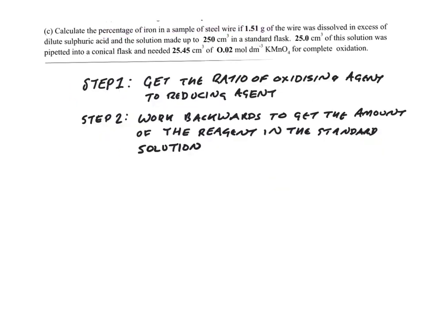The first step that you must do in any redox titration is to get the ratio of the oxidizing agent to the reducing agent. In this case, the oxidizing agent was manganate 7, and for every 1 manganate 7, there were 5 moles of Fe2+. The next step is to work backwards. We work backwards because that always tells us the most information, because we've got a volume and we've got a concentration.